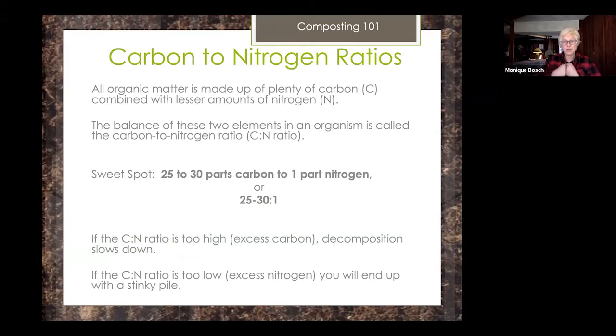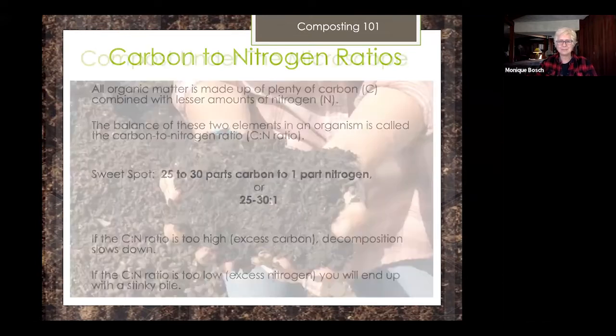If you have too much carbon, it's just going to probably sit there. So imagine wood chips take forever to break down. If you are putting just food scraps in, it's going to turn into a stinky mess pile, and it will go anaerobic, because it's too much nitrogen. So it's that balance that's the key to doing composting correctly.